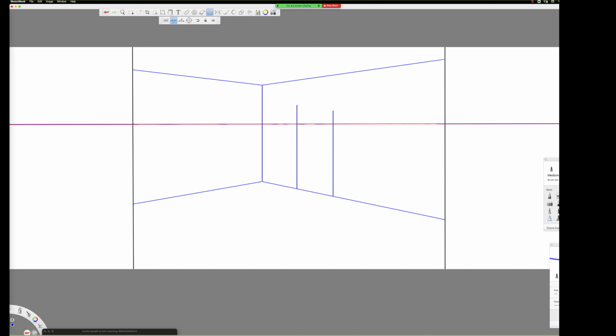Think logically through these things. Okay. Now, how about the top of the door? How do I do that? It's the same as the line underneath it. That's right. Very good. So see this line right here?